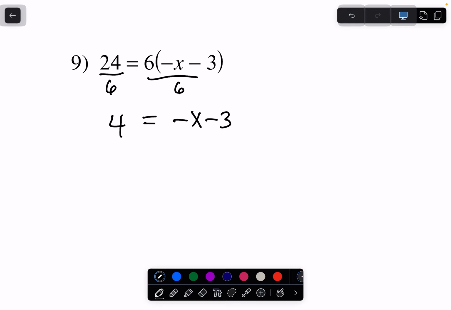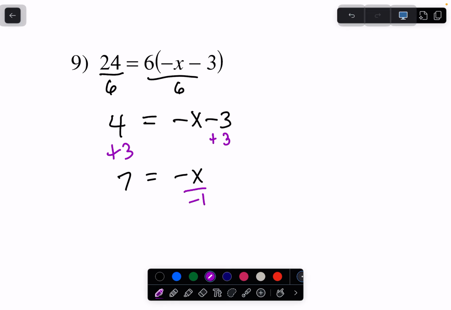Again, distributing isn't wrong. We still have to isolate that x term, so we are going to add 3 to both sides. We get 7 equals negative x. Now that's what negative x is equal to. How do we get rid of that negative in order for us to find out what positive x is equal to? What math are we going to do? Divide.